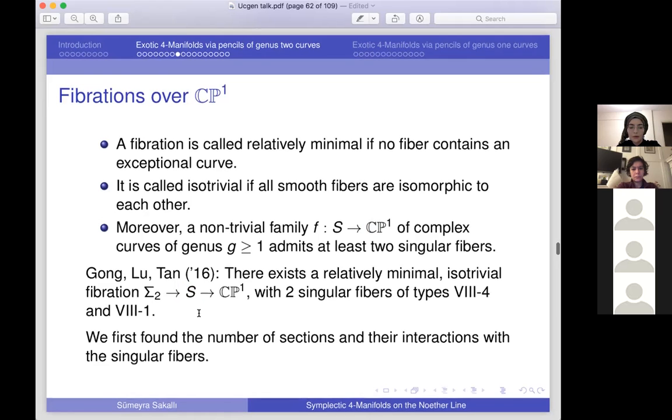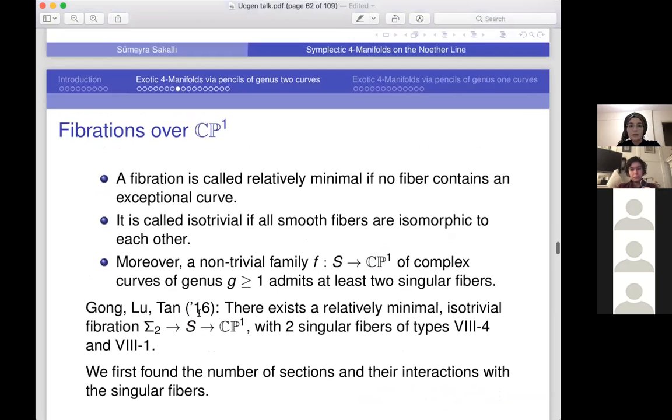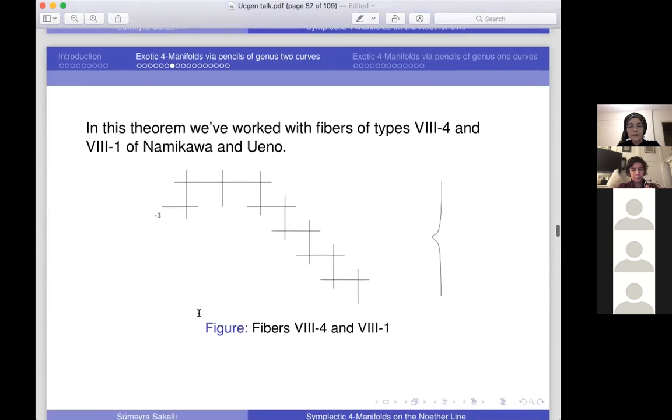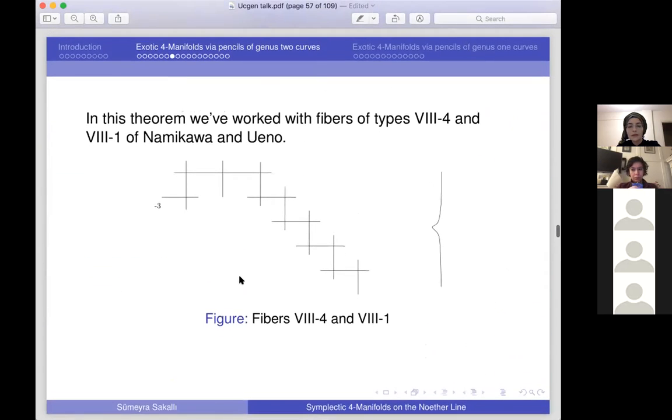And then in our work, first we have found the number of sections and their interactions with the singular fibers. So let me go up. I have these 2 singularities, and due to Gonglu and Tan, we know that they are lying inside an algebraic variety, or for us it is a 4-manifold.